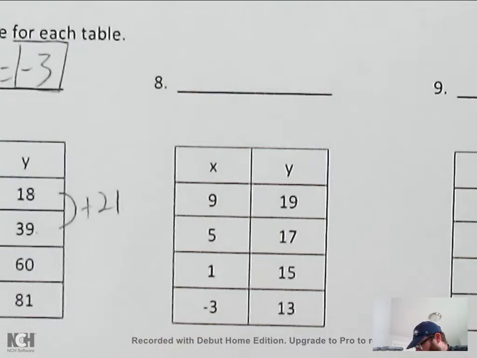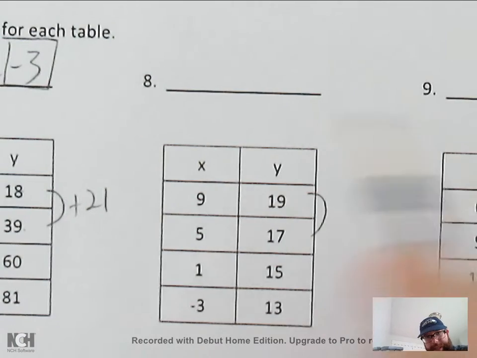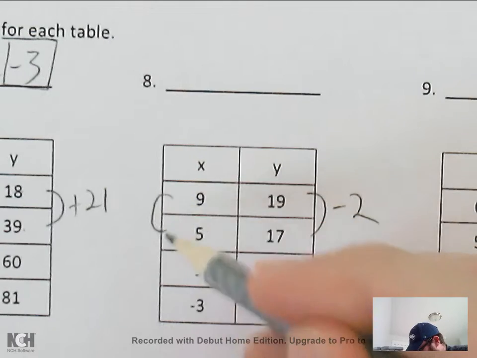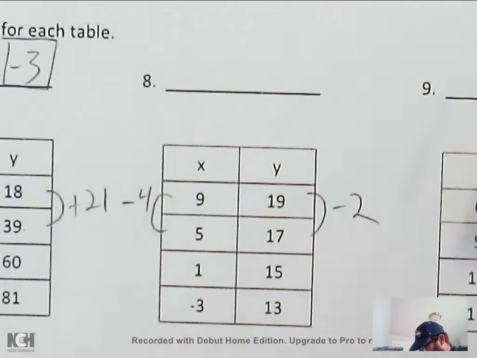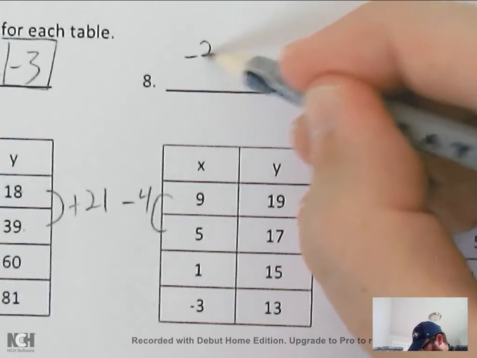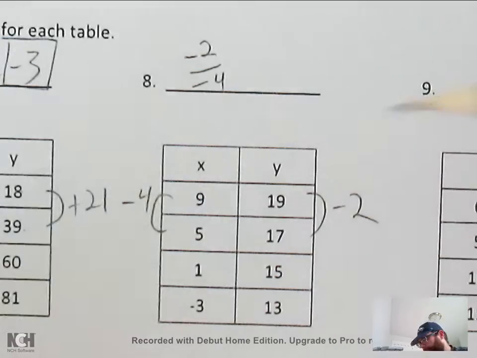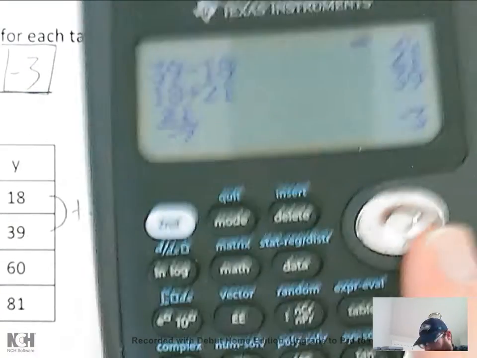Okay, next one. Again, doing our change in y goes from 19 to 17, right? That's going down 2, so it's subtracting 2. And it goes from 9 to 5, so that's going down 4, so it's subtracting 4. So that would be negative 2 over negative 4. Now, does that simplify? Yes, it does. I know the answer, but again, I'm going to show you on the calculator.